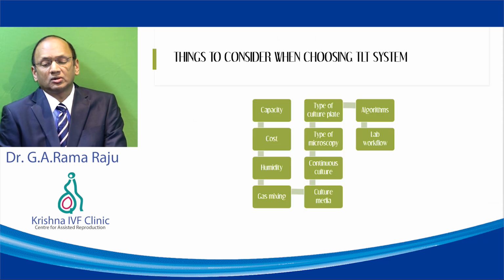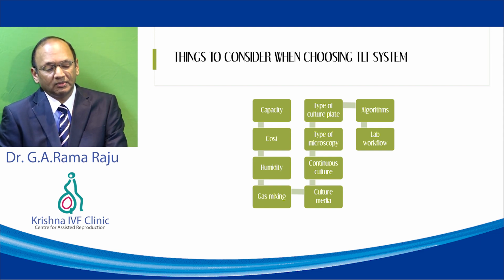What are the things one should consider when buying a time-lapse system? What is the workload they have? What is the cost of the equipment? What is the type of humidity, whether it is a dry humidity type of time-lapse or the humid condition? What type of gas mixing is needed? What types of culture plates are needed?